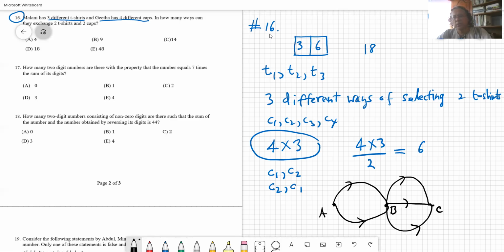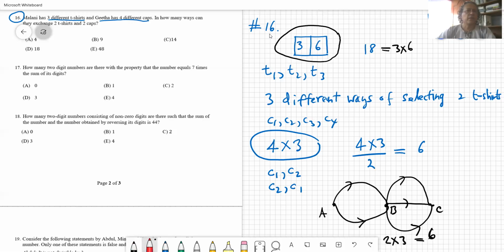You can see that is actually 2 times 3, there are 6 ways. And likewise, selecting 2 different t-shirts and 2 different caps is actually 3 times 6, so the answer is 18.